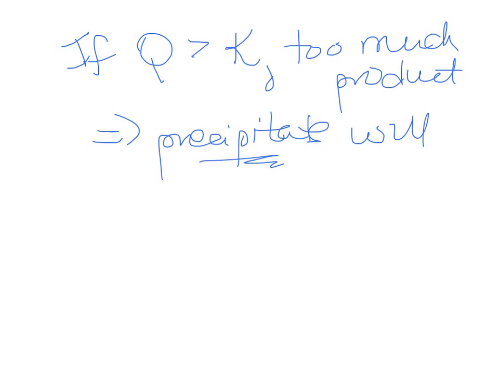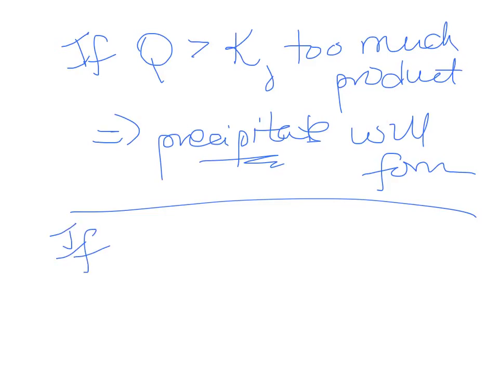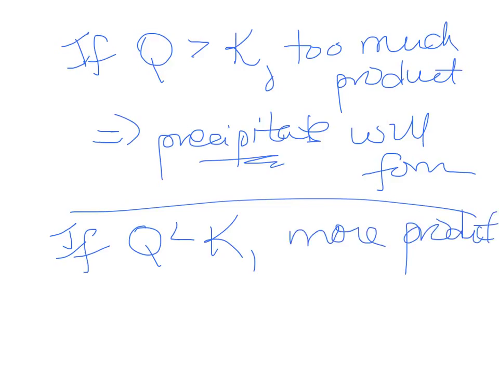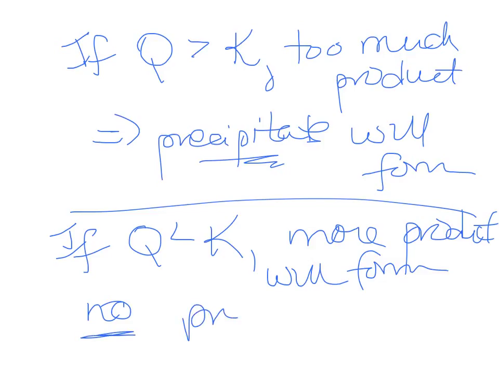If Q is less than K, that means that more product will form to reach equilibrium. It means everything that's formed now is in solution and more can dissolve. And that means in the case of Ksp problems, no precipitate will form.